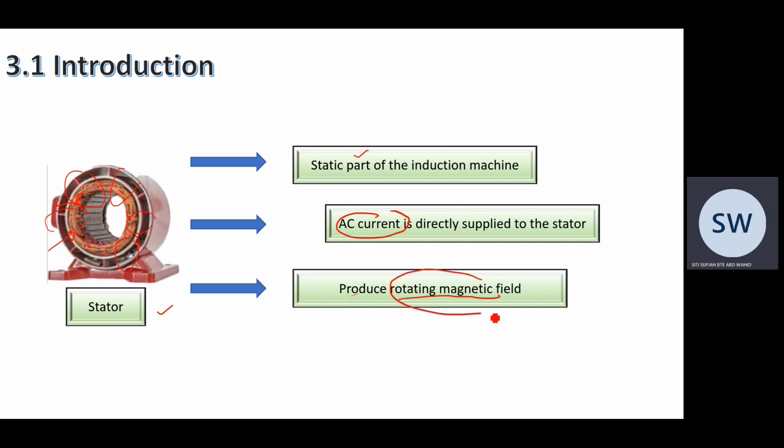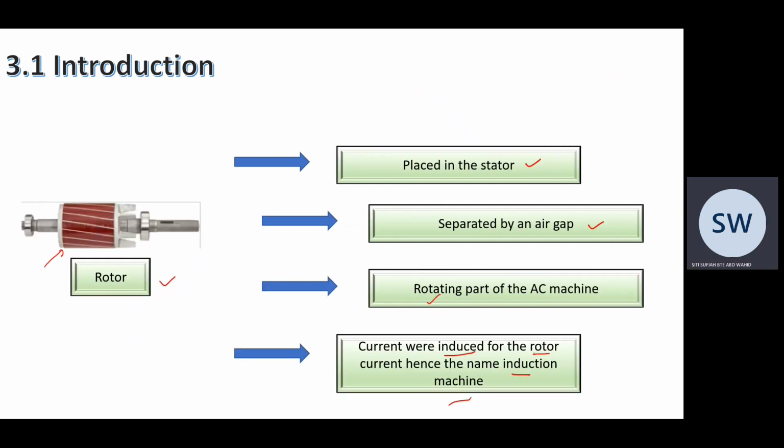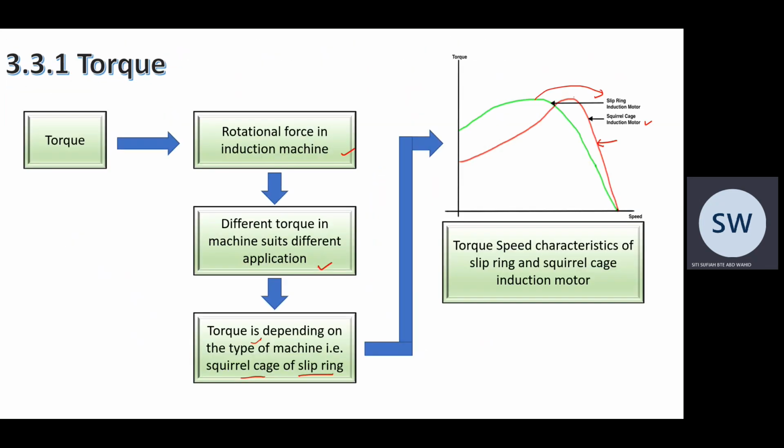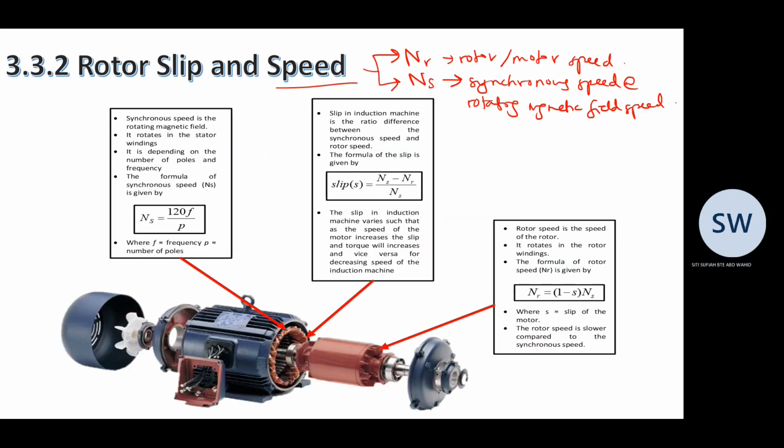Therefore, it will produce a rotating magnetic field on the stator. So the rotating magnetic field has the speed that is called NS, synchronous speed of the rotating magnetic field. And we can calculate it using this formula, NS = 120f/P. f is the frequency, P is the number of poles. Pole is like north, south, okay, which will usually be given in the question.